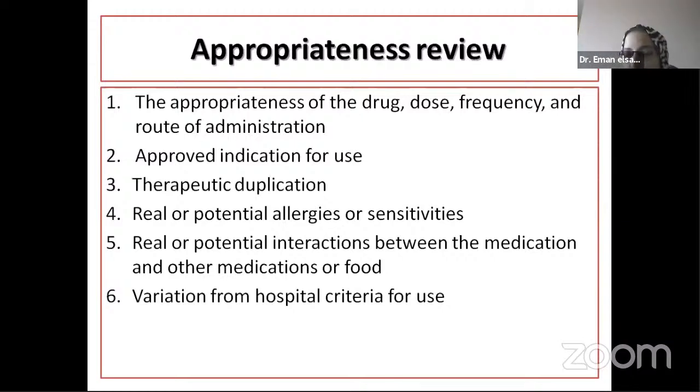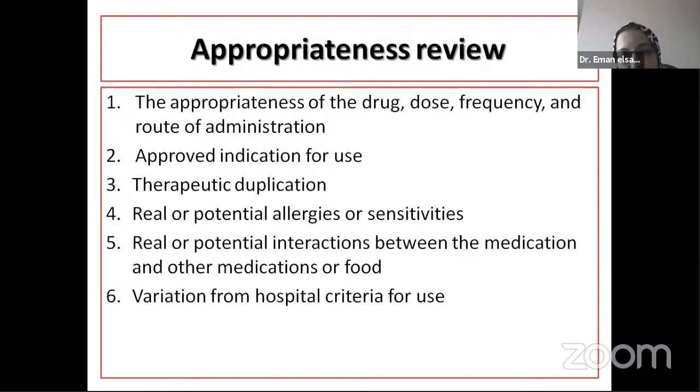Let's have an example for details. We know that liraglutide has two different brands for the same material. One of them is indicated for treatment of diabetes and the other for weight loss.